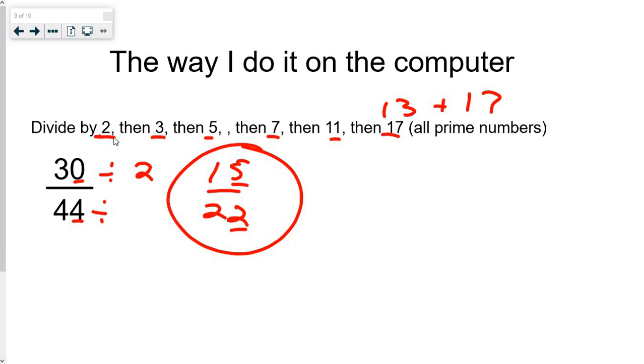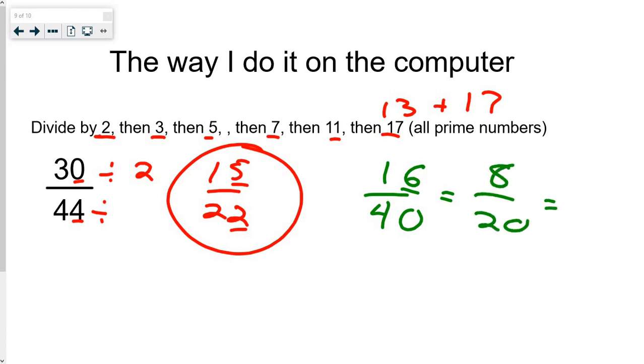If we chose 16 over 40, it would equal 8 over 20, which is divided by 2.